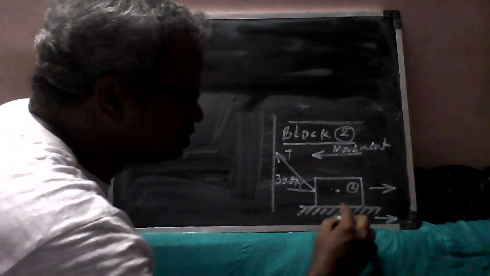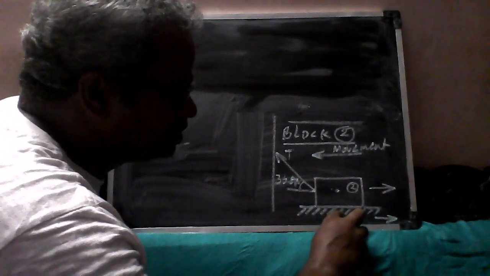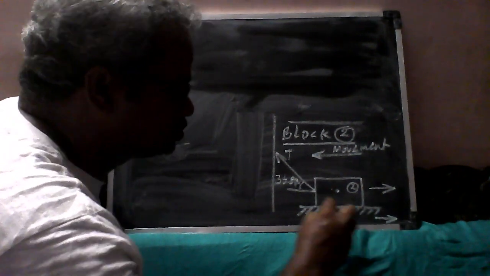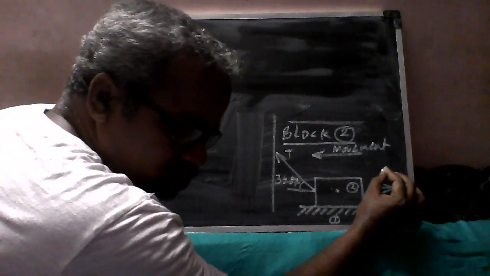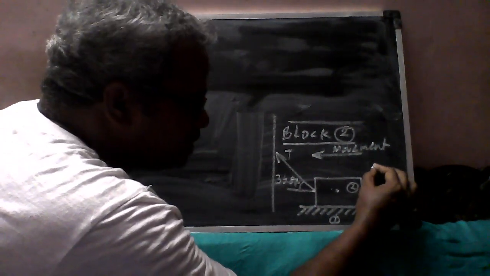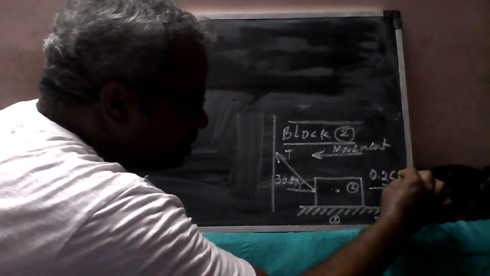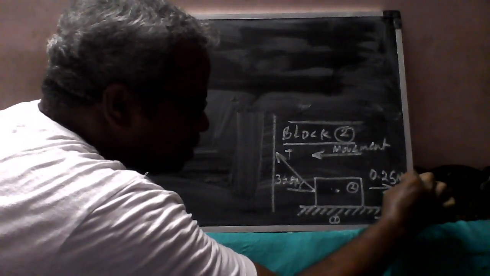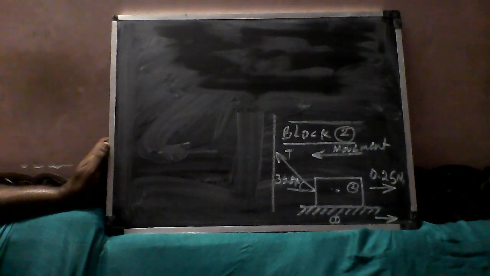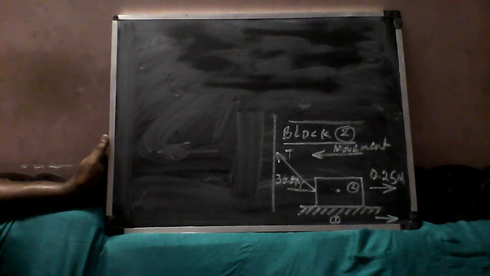So what is that frictional force? It is having contact with the block. So mu block is 0.25 N2.